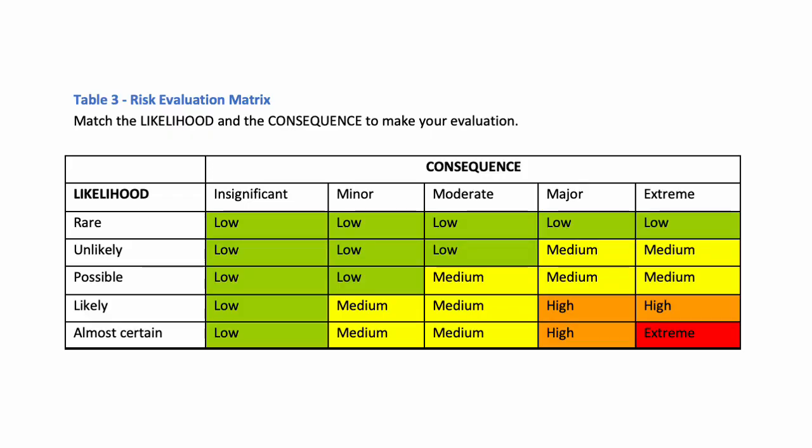So we combine our decision on the likelihood and the consequence, and we match those up by working across and down to find out whether it is low, medium, high, or extreme in terms of the risk. Our aim in our beginners training area is to keep the risk as low as possible.